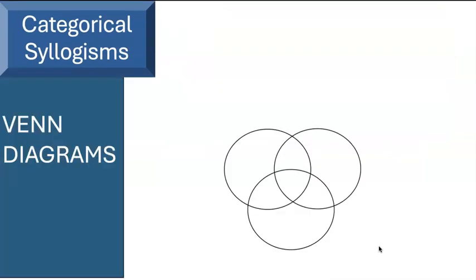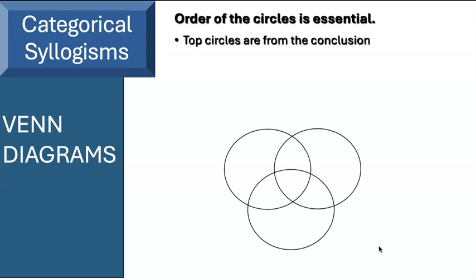So, Venn diagrams now. Because there are 3 terms, we need 3 circles. But the circles must be put in the right order, or else this is not worthy of examination. The top circles represent the conclusion. The subject term, the minor term, is on the left.